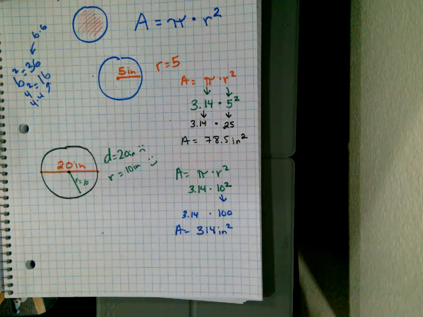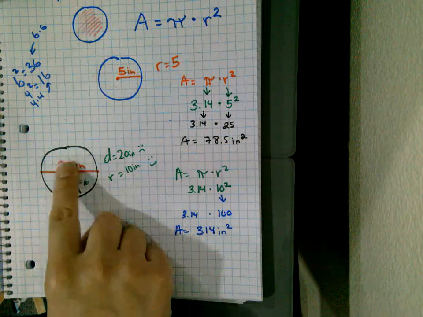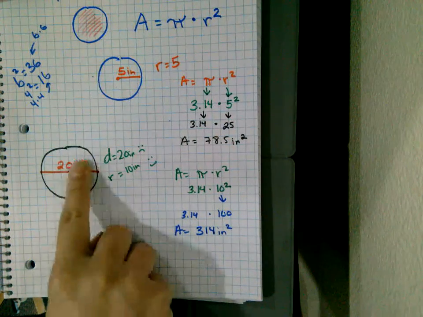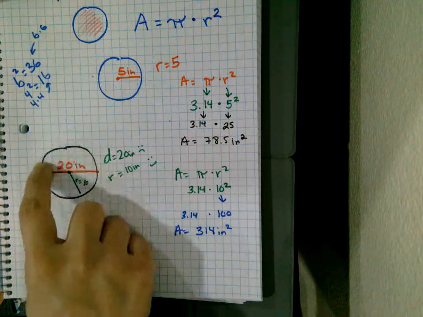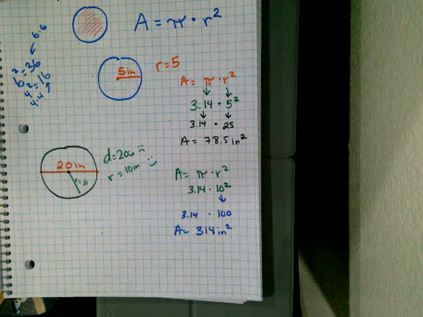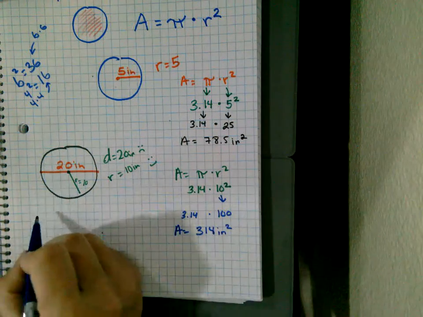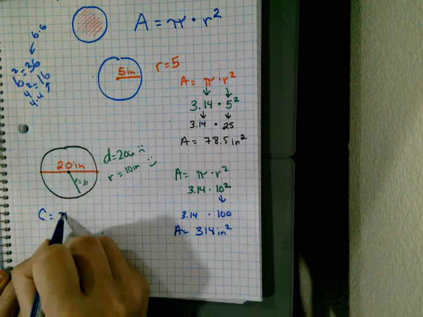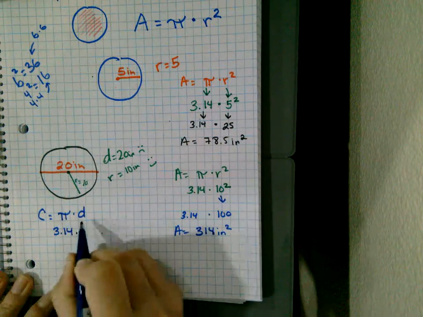And so I would need 314 inches squared of grass to cover this circle. If this is like a park and I need to cover it, if I'm going to do a fence around it, I would find the circumference, which is a completely different number. For this problem, circumference is equal to pi times d. So it'd be 3.14 times my diameter.